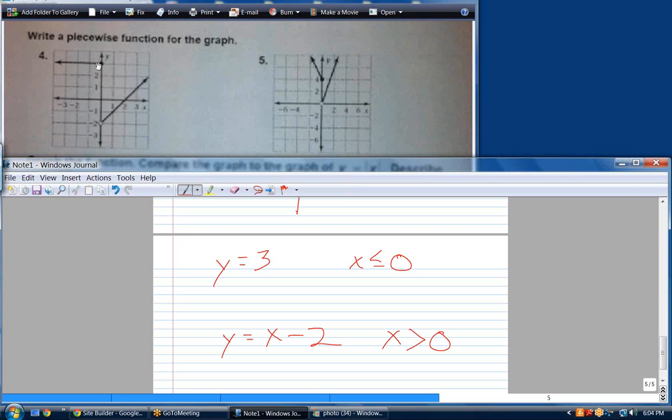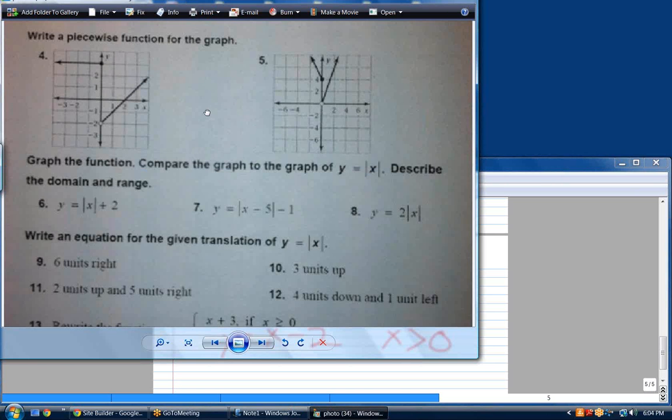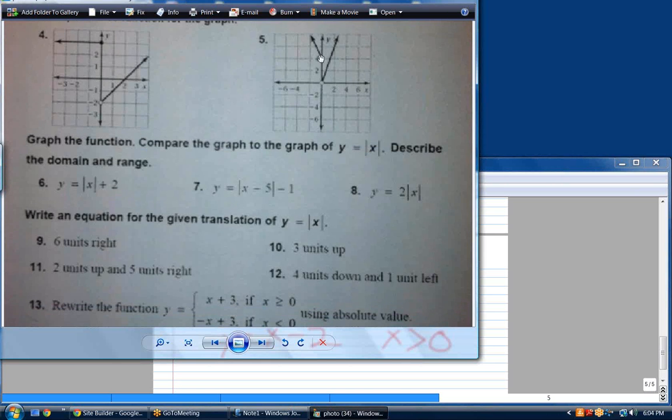I don't have both of these values when x is equal to 0. I only have this one here. When x is any number greater than 0, then all of a sudden I jump way down here and I continue it on.